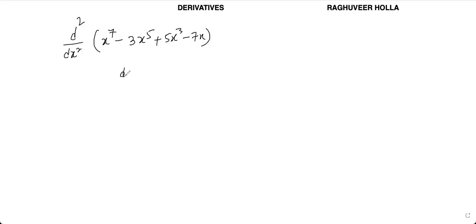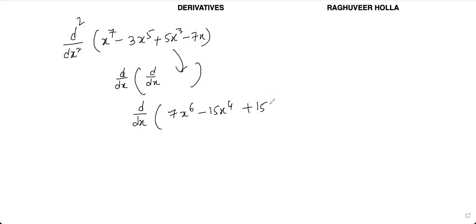So d by dx of this whole thing, let us do that. D by dx gives 7x power 6 minus 15x power 4 plus 15x square minus 7. Again, differentiation with respect to x gives 42x power 5 minus 60x cube plus 30x. So that is the final answer.